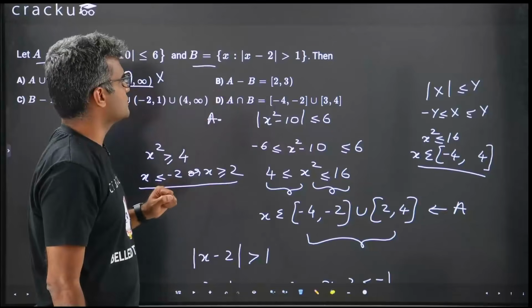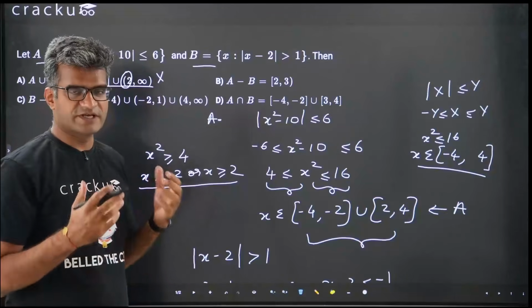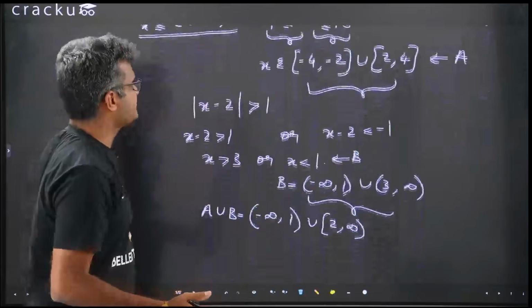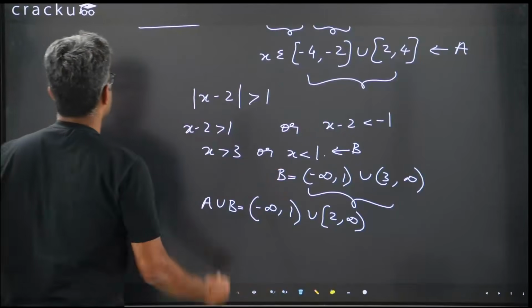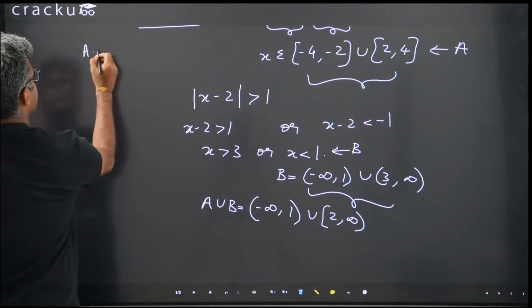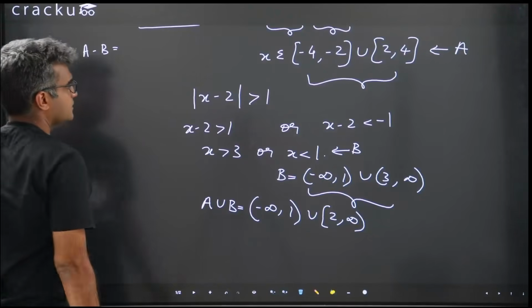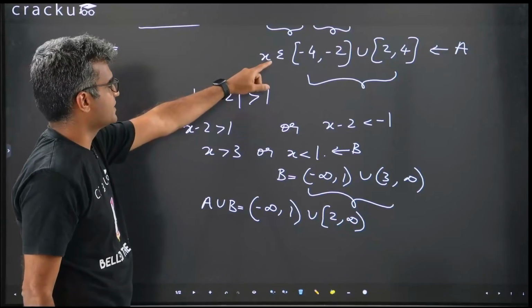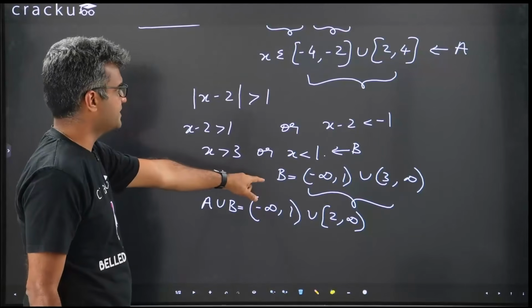If you are looking at the second option, which is a minus b, we are looking for the elements which are part of a but not part of b. If this is a and if this is b, a minus b will have nothing from minus 4 to minus 2 because all of them are part of b.